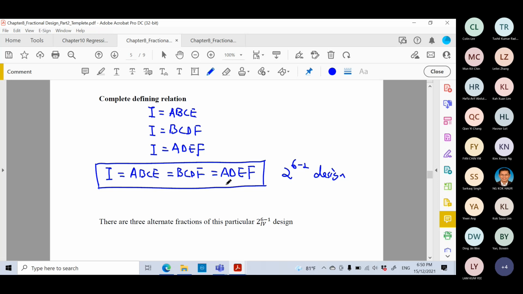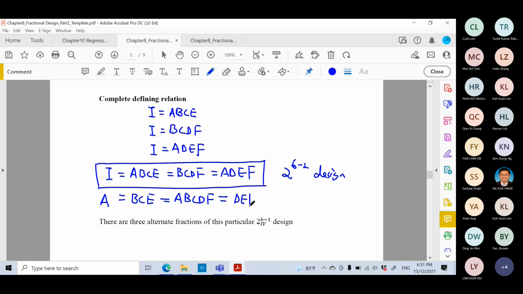From here we can get the alias structure. It means that if we multiply by A here, we will get BCE equal to ABCDF times A, which equals DEF. So this one is one example of the alias structure. Of course, you can list down all the rest of them.